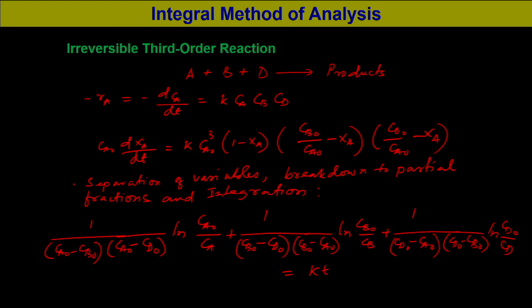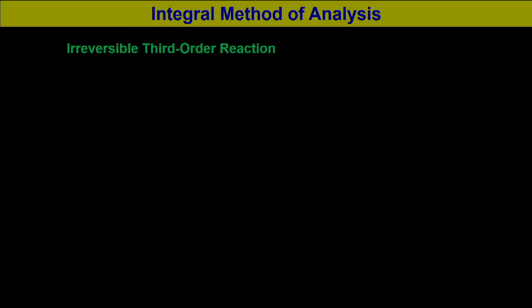Now, another example of third order reaction is A plus twice B to R, with rate of reaction minus r_A is equal to minus dC_A/dt, which is equal to k C_A C_B squared.